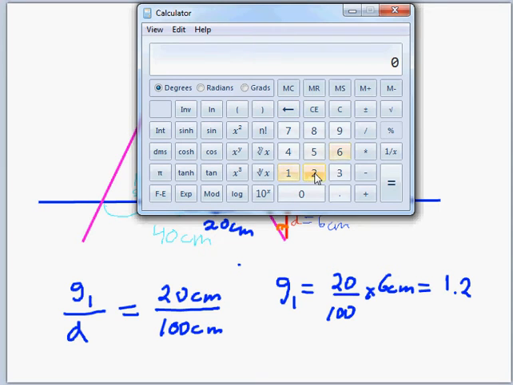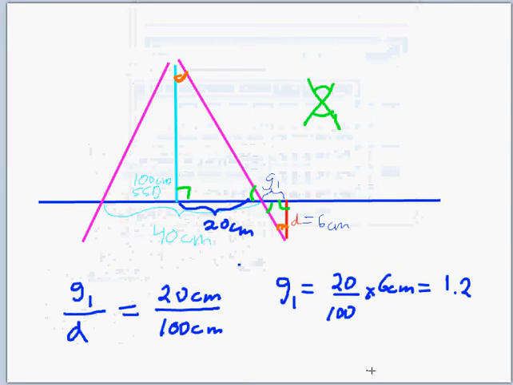We had 20 divided by 100 times 6 equals 1.2. So that part of the gap we're going to want on the surface will be 1.2 cm.